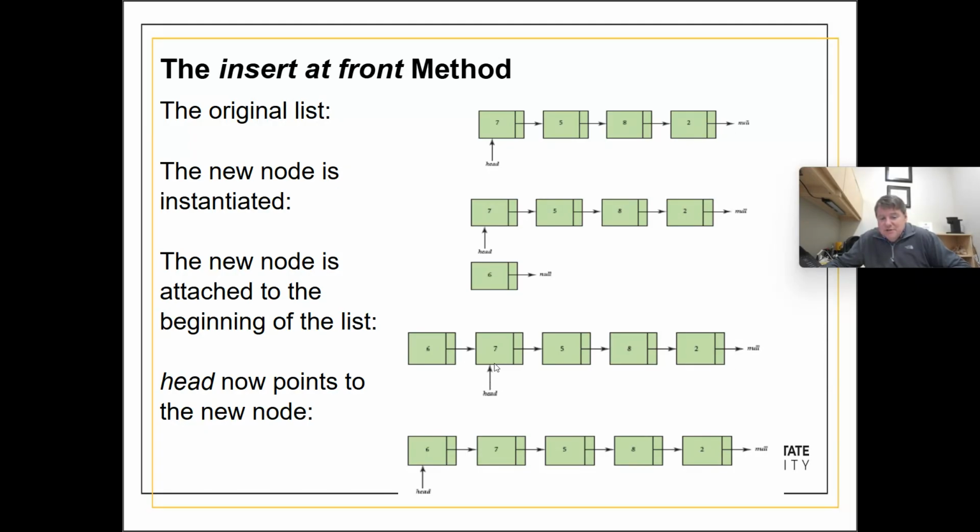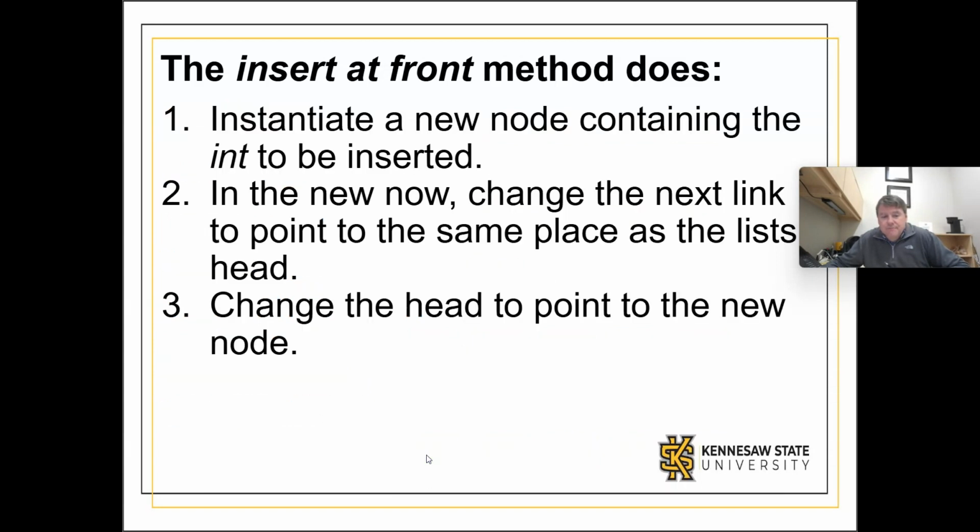So now the last step is we just need to move the head link up to the beginning of the list, the new beginning of the list, which is to that new node. So we point head to the new node. And that means head is now pointed at the node that has a 6 in it, which is the beginning of the list, and it points to the node that has a 7, and so on and so forth. This successfully inserted this new node with a 6 in it at the beginning of the linked list. That is what we were trying to do here.